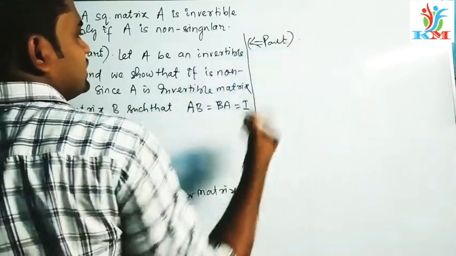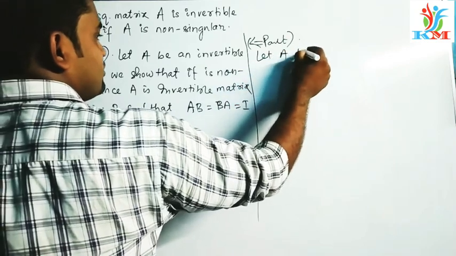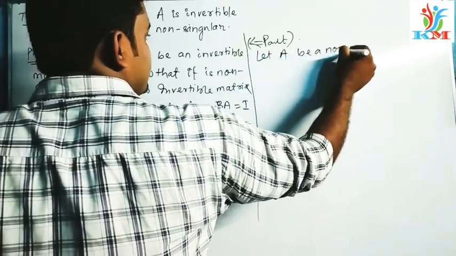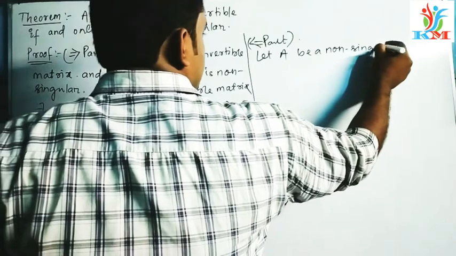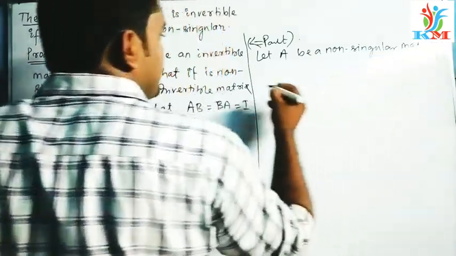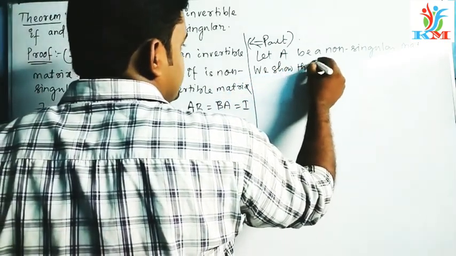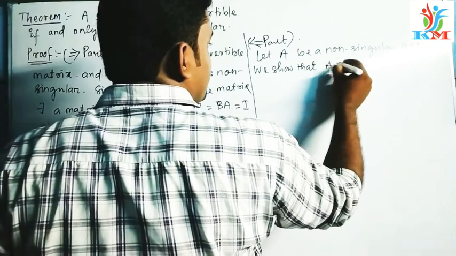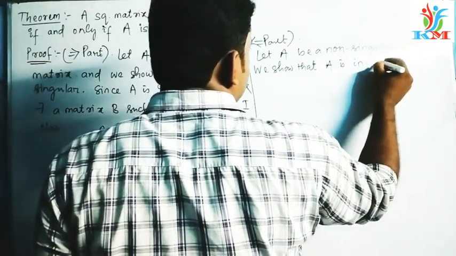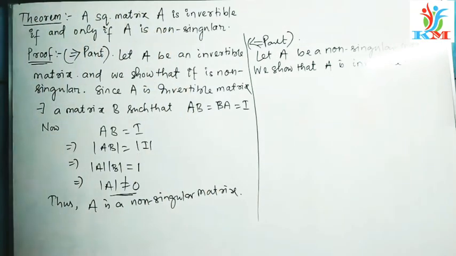In the reverse way, let A be a non-singular matrix, and we show that A is invertible.